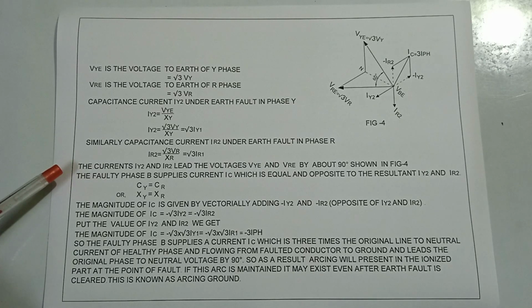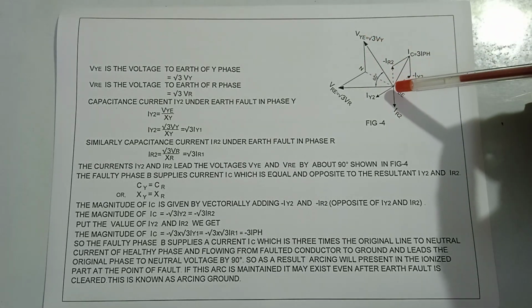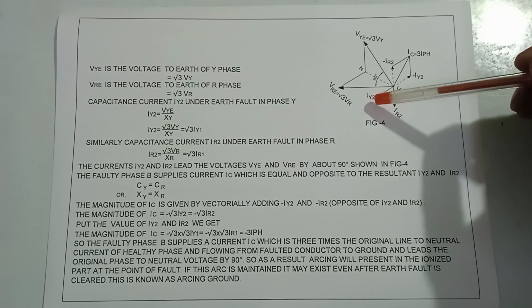The currents Iy2 and IR2 lead the voltages Vye and Vre by about 90 degrees. Here is Vye, and this is Iy2, leading it by 90 degrees.